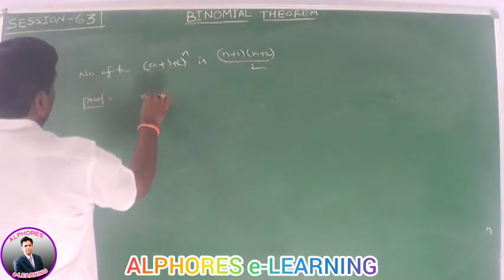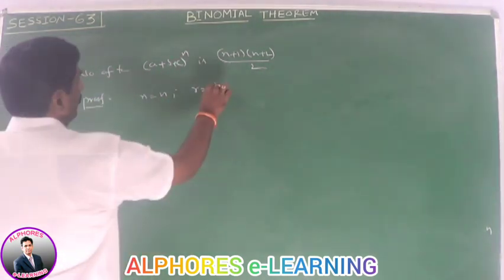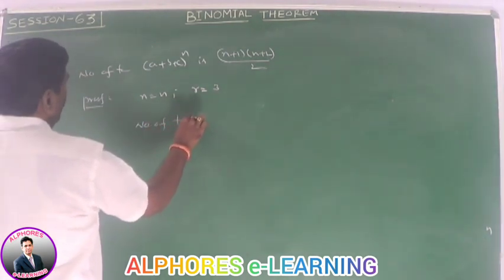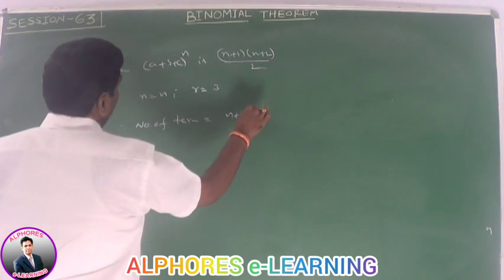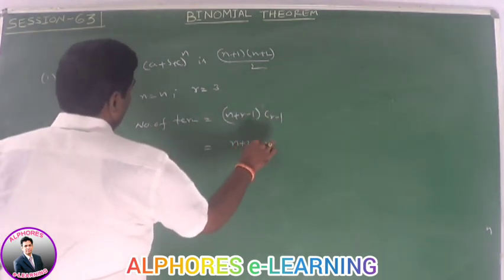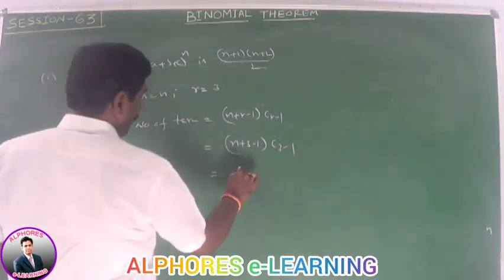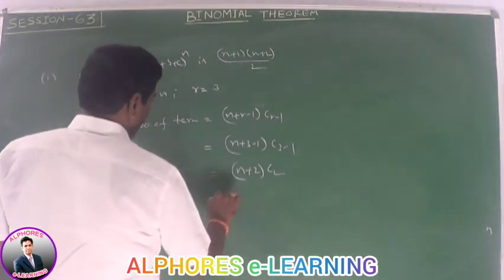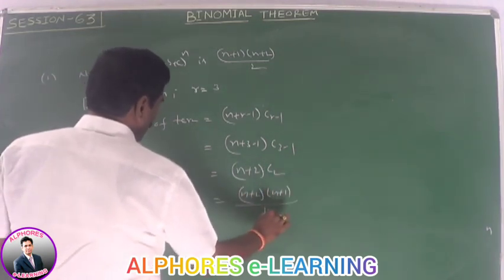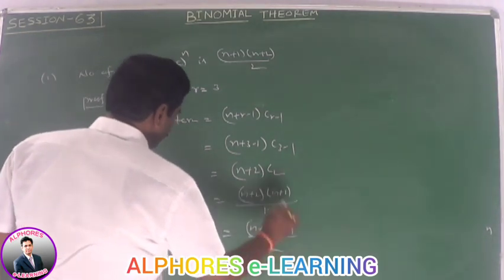Here n is equal to n, r is equal to the number of terms in the multinomial, 3. Therefore, number of terms is n plus r minus 1 c r minus 1. That means n plus 3 minus 1 c 3 minus 1. That means what is the value? n plus 2 c 2. That is equal to n plus 2 into n plus 1 by 1 into 2. That is equal to n plus 1 into n plus 2 by 2.